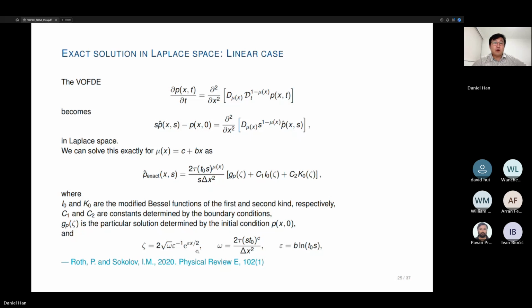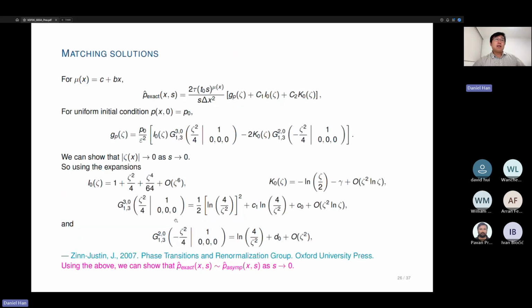Roth and Sokolov introduced this in Physical Review E in 2020, a year after our asymptotic solution, where they introduced this kind of special variable transform using these parameters, zeta, omega, and epsilon. As you can see, the particular solution for a uniform condition is the Meijer G function in this form. I had a very talented student join me at UNSW, Wan Cheng.